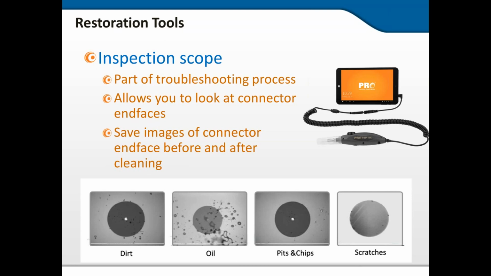In this example below, we've got some dirt, maybe some oil, chips and pits on the connector, and then some scratches. If we look at the bottom left corner with the dirt and debris, there's a flake or dust particle at, let's say, 4 or 5 o'clock from the center of the fiber. That particle is probably 6-7 microns, and the fiber core is typically around 9.